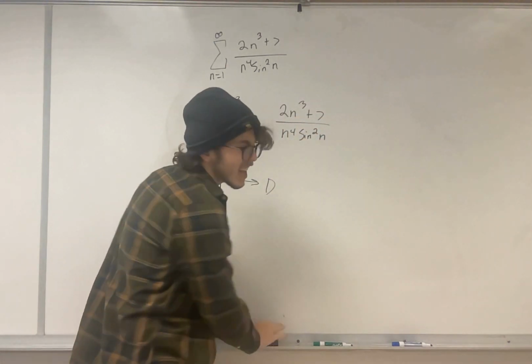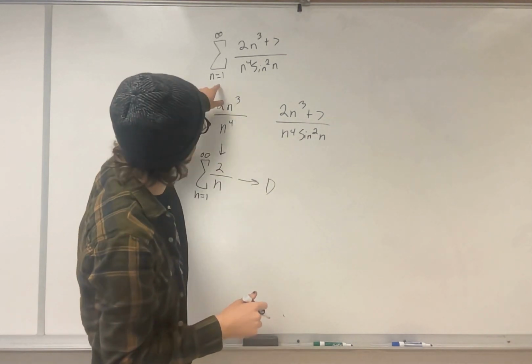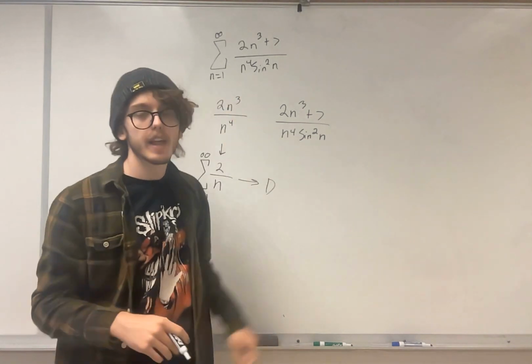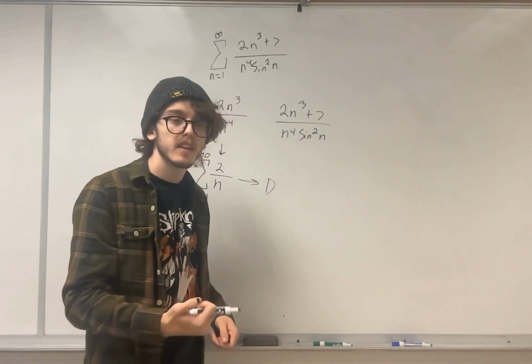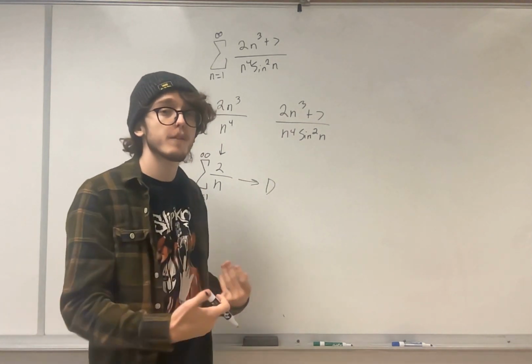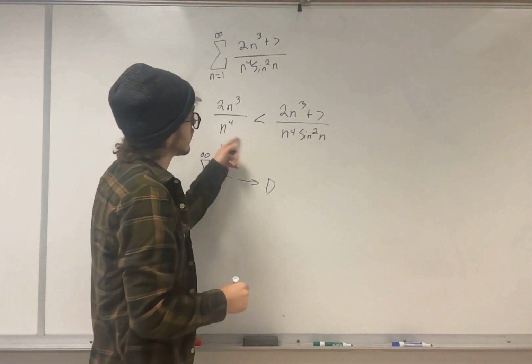If we get anything less than 1, I want you to notice that it's going to grow our value. So we're plugging in like 1 here, or 2, or 3, or 4, and then we're multiplying it by some factor that's going to shrink it. That's going to make the denominator less, which is going to make the overall value greater. So we're going to say that this is greater than this.